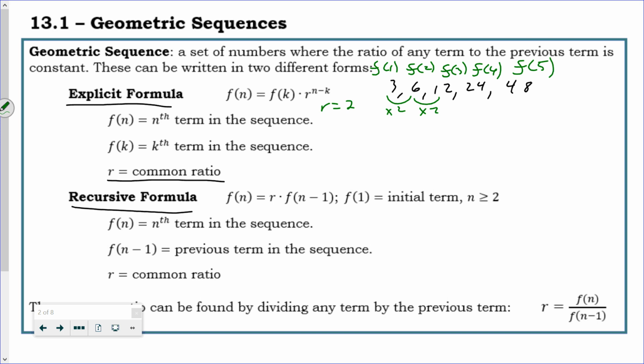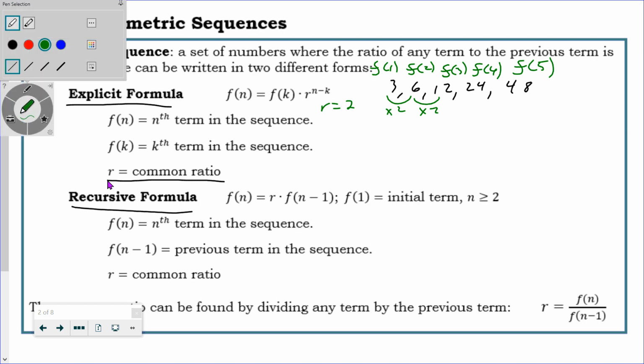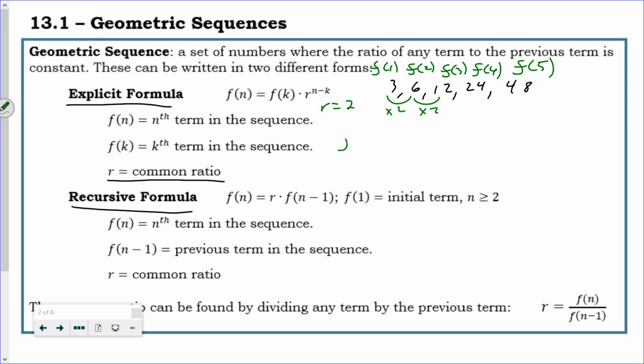So if I look at the pattern we saw in the warm-up, the explicit formula for that one is going to be f of n equals any f of k you want, so f of 1, 2, 3, 4, 5, you have those. It doesn't matter which one, but it's usually best to use the first term in the sequence. So say f of 1, multiplied by r raised to the n minus k.